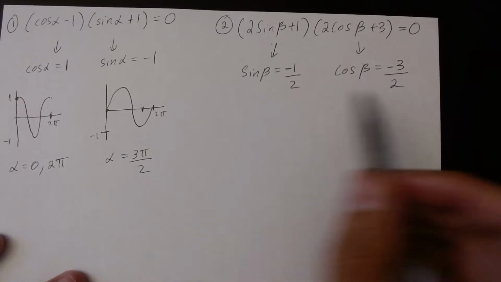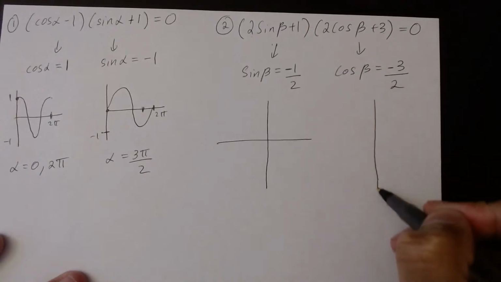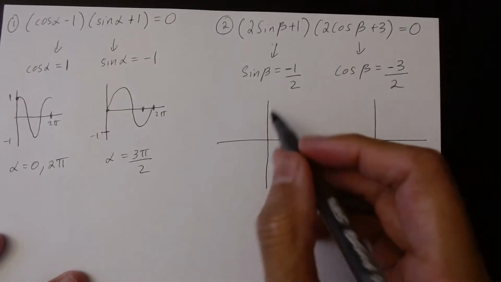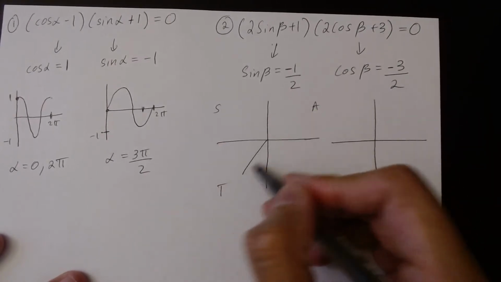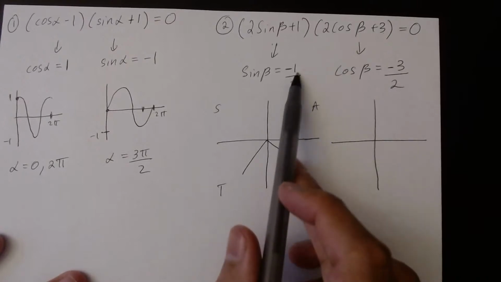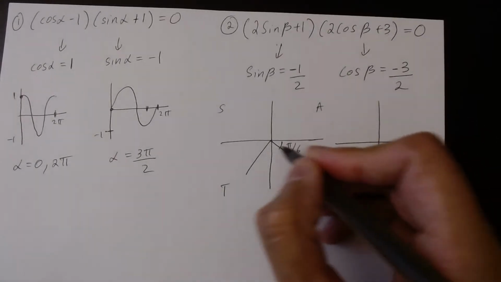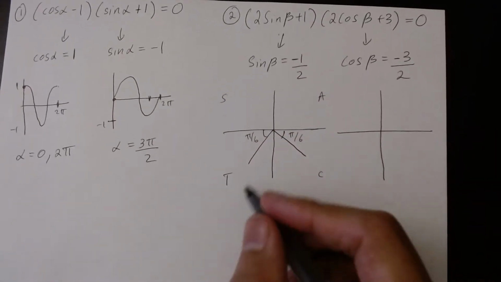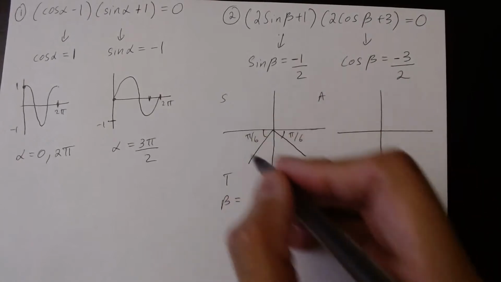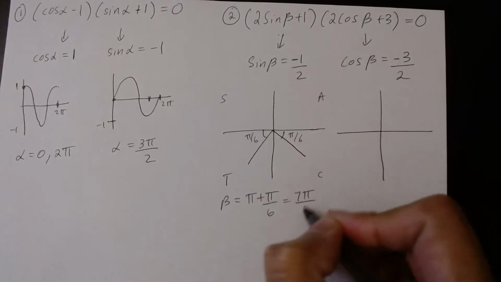Now all I have to do is my CAST rule for each one. Sine is negative in my bottom two quadrants, in these two. I'll do the sine inverse of -1 over 2 in my calculator, and I'll get pi over 6 as my acute angle. So my two solutions for beta over here are pi plus pi over 6, which is 7 pi over 6.